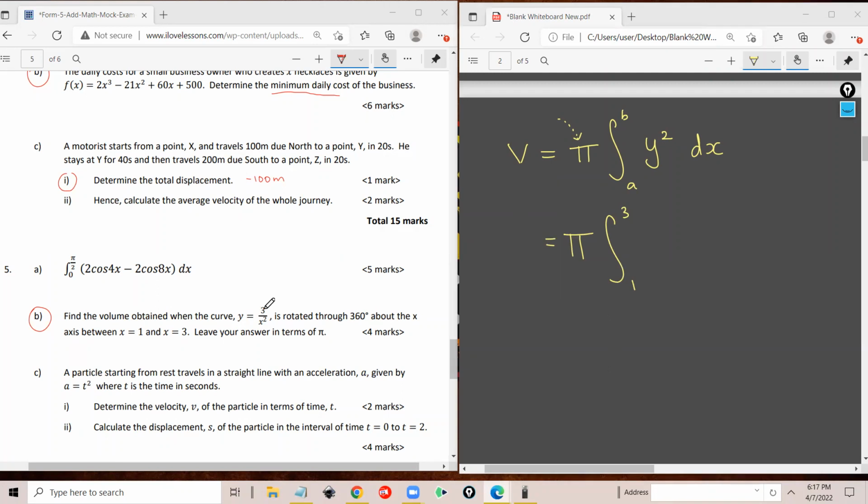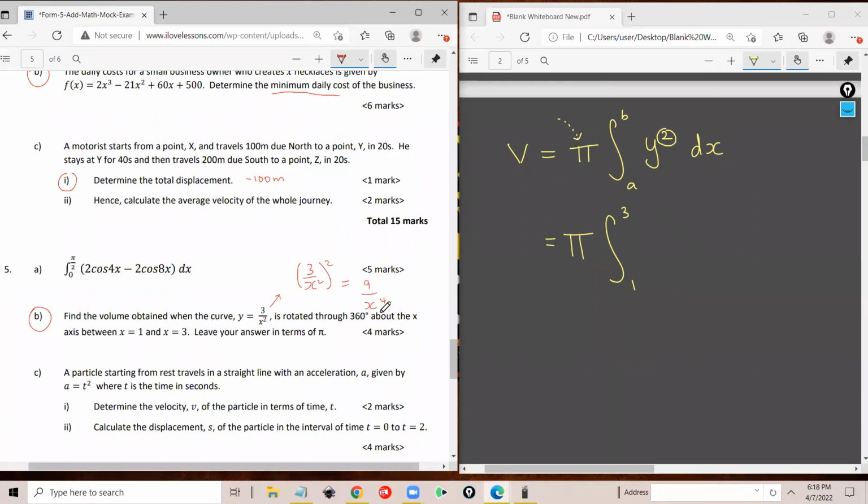Remember, y is 3 divided by x squared, but we have to square that. So if you square this, you'll get 3 on x squared, and the whole thing is squared. 3 squared is 9. X squared is x to the power 4.